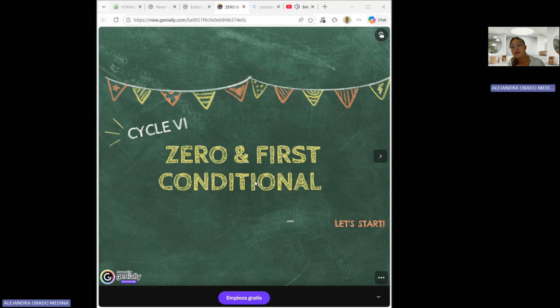Today we explore two structures: the zero conditional and the first conditional. By the end, you will know when to use each one and why they are different. Get your notebook. Let's start.